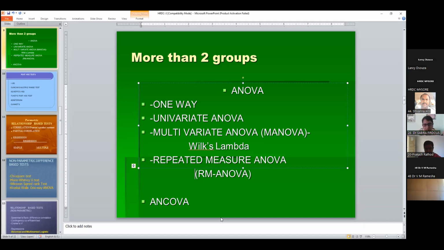Then the next ANOVA variant is ANCOVA. ANCOVA stands for analysis of covariance. This is used when there are a few variables which are confounding the results.